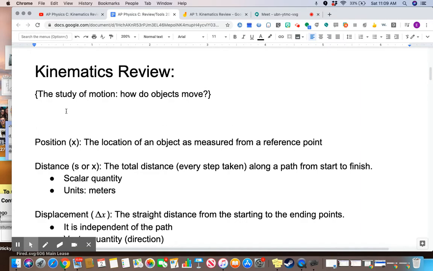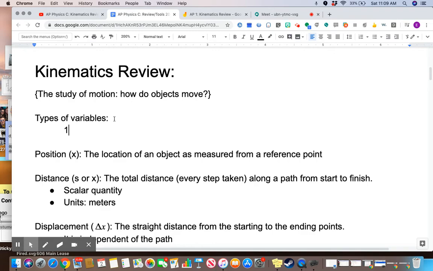So we have two specific types. The first type of variables that we discuss in kinematics are vectors, which are basically variables that have magnitude and direction, and of course, units.